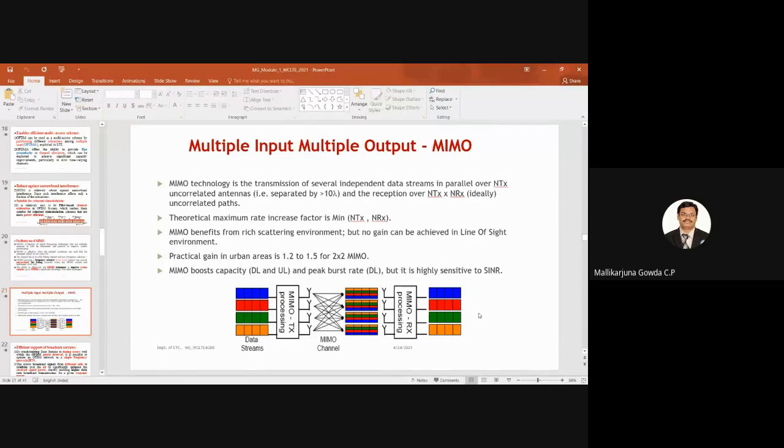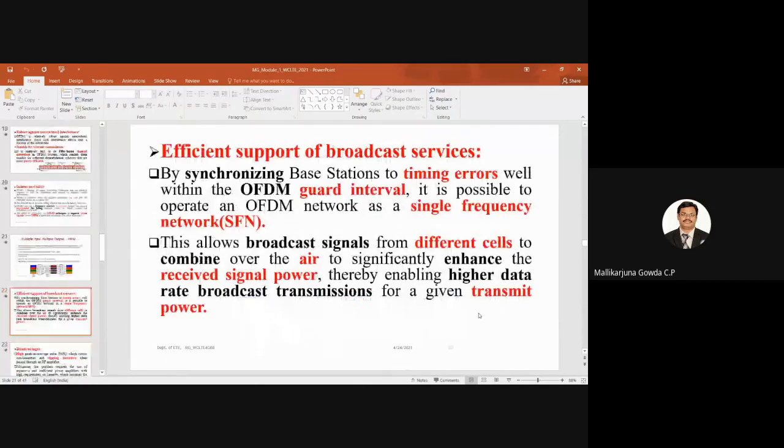I said OFDM facilitates the use of MIMO, right? Then I think this will be the last advantage of OFDM, that is, efficient support for broadcast services. This is also an important advantage of OFDM.